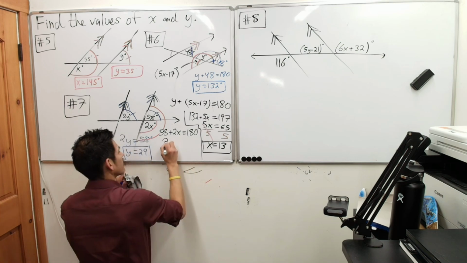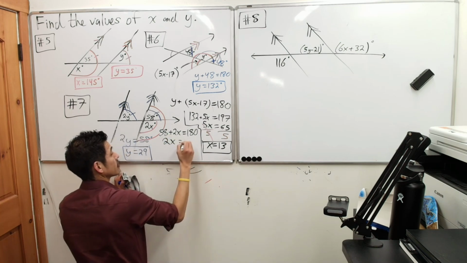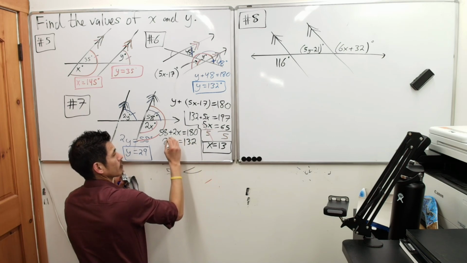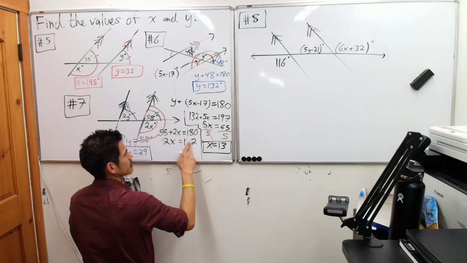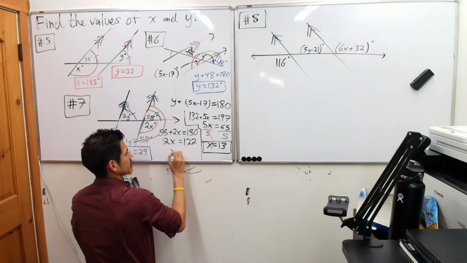Take away 58. We get 2x is 122, and then x will be 61.